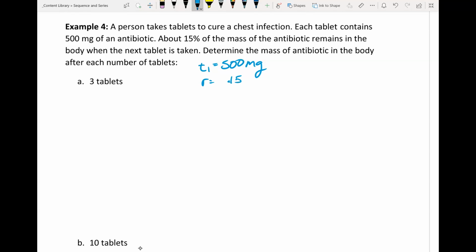But I know R is not just 0.15 because we know that there's going to be more antibiotic that's going to remain in your system if you take it more often. So I'm going to put a 1 in here because we're going to include this 500 milligrams afterwards.